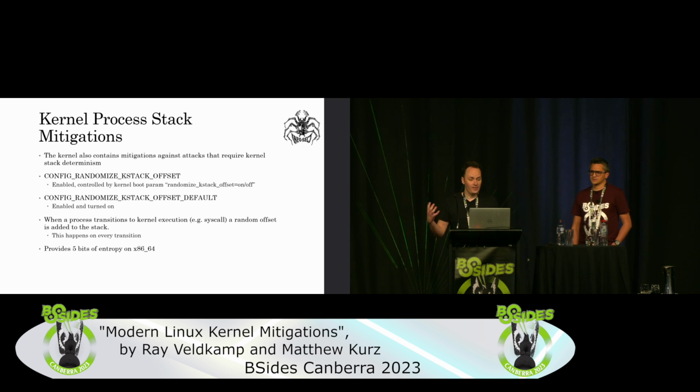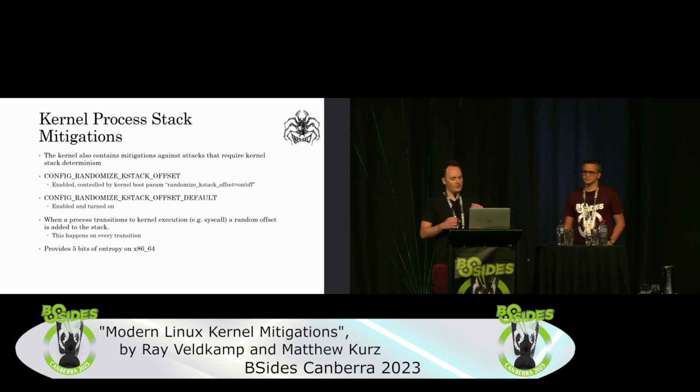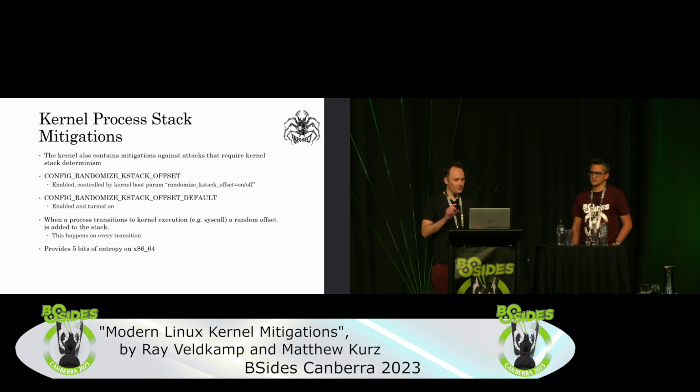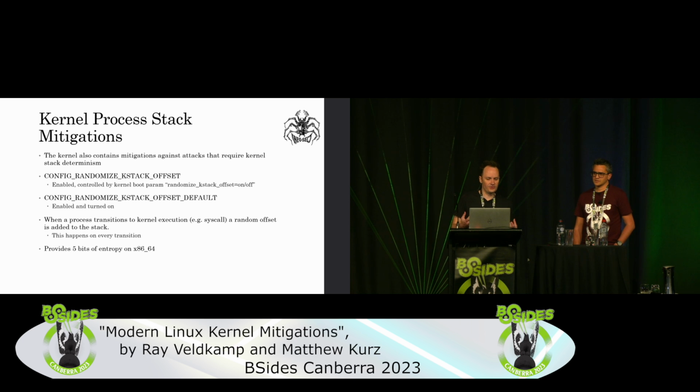So that specific scenario, along with some others, resulted in these mitigations called randomized k-stack offset. There are two of them. There's CONFIG_RANDOMIZE_KSTACK_OFFSET, which is like that halfway measure that I spoke about. It compiles the code in and then consults a kernel boot parameter as to whether to turn it on. The second one is RANDOMIZE_KSTACK_OFFSET_DEFAULT, and what that does is it turns it all the way on.